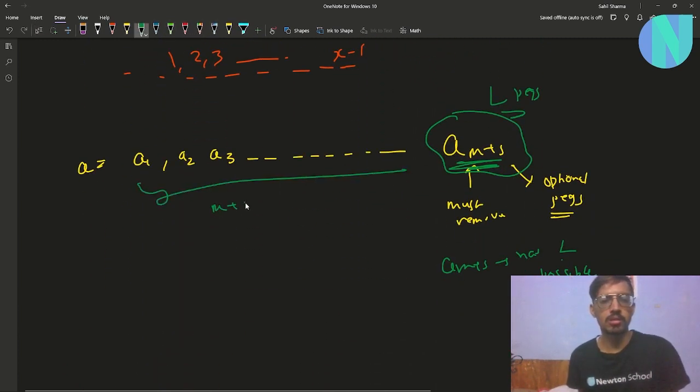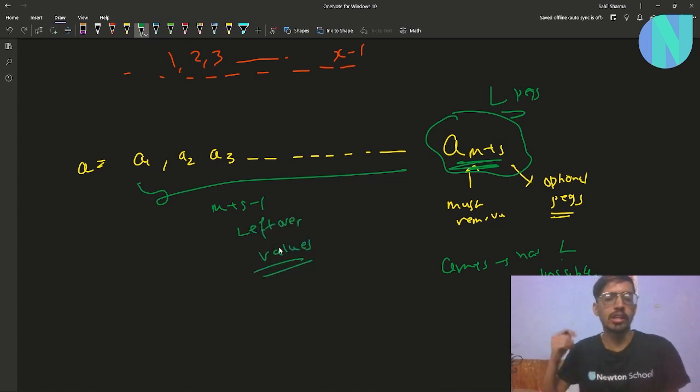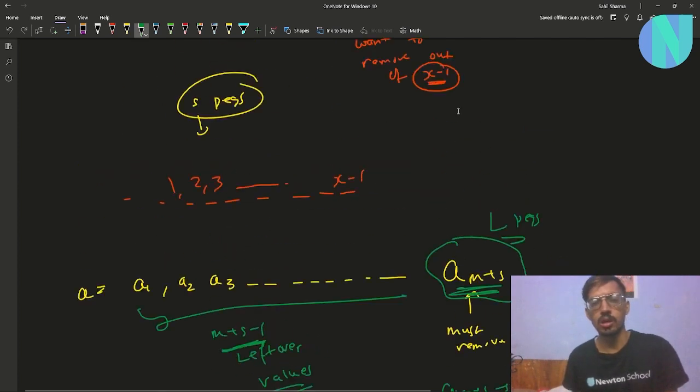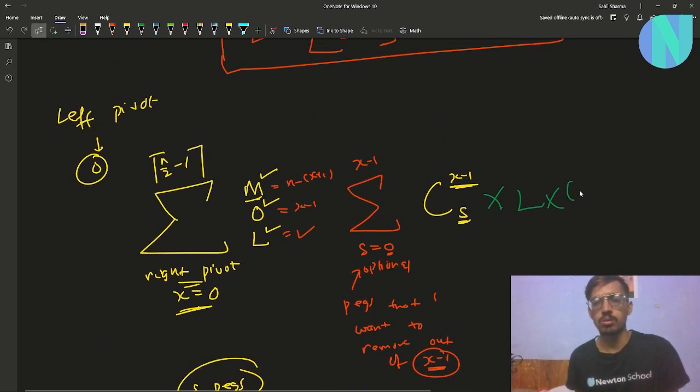There are m plus s minus 1 leftover values. We don't care about them. We can arrange them however we want, right? So the number of ways to rearrange m plus s minus 1 values are m plus s minus 1 factorial. We can rearrange them however you like. So into m plus s minus 1 factorial, right?